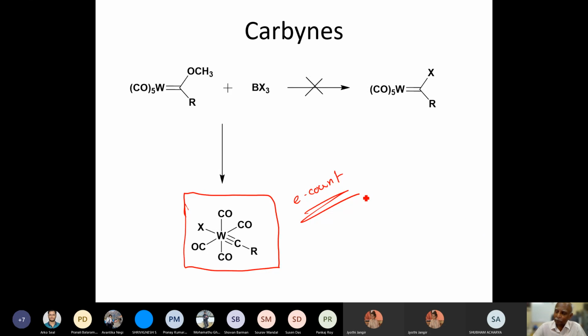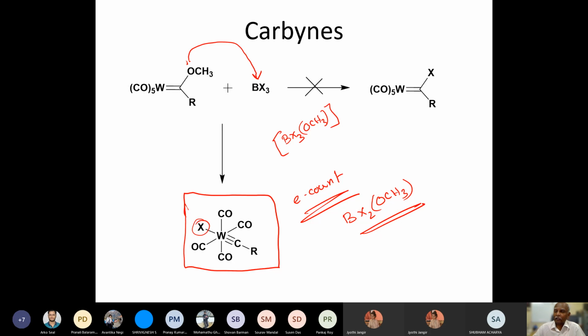What has happened is BX2OCH3 is the other product. So this would be donated to the boron, and as a result, what is happening is you end up with a positively charged tungsten species, and BX3OCH3 minus would be the counter ion, and that abstracts, or that kicks out an X minus, which is now sitting here in this molecule.